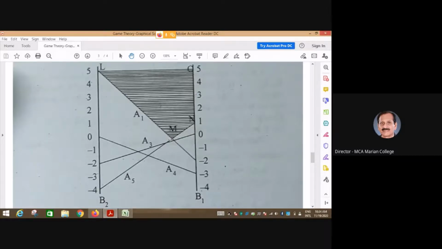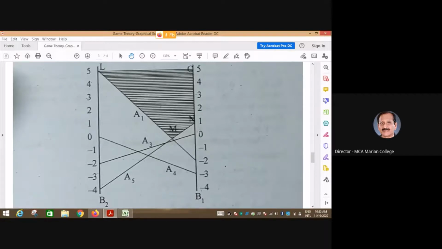This is the minimum of the maximum values. Here it is M. We have L, M, N, and O. This is the region. And M is the minimax point, minimum of the maximum values.